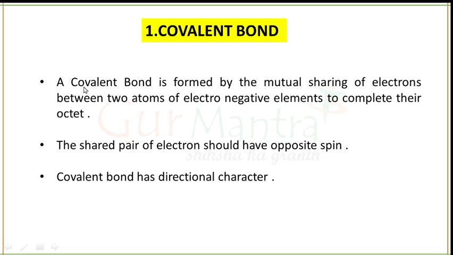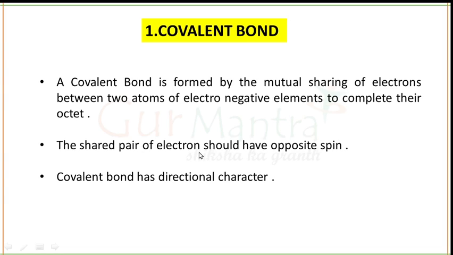Or you can say a covalent bond is formed by the mutual sharing of electrons between two atoms of electronegative elements to complete their octet. So basically, for the formation of covalent bond, the two atoms must have a difference in their electronegativities. The shared pair of electrons should have opposite spin, as you have seen in the previous video of structure of atom.